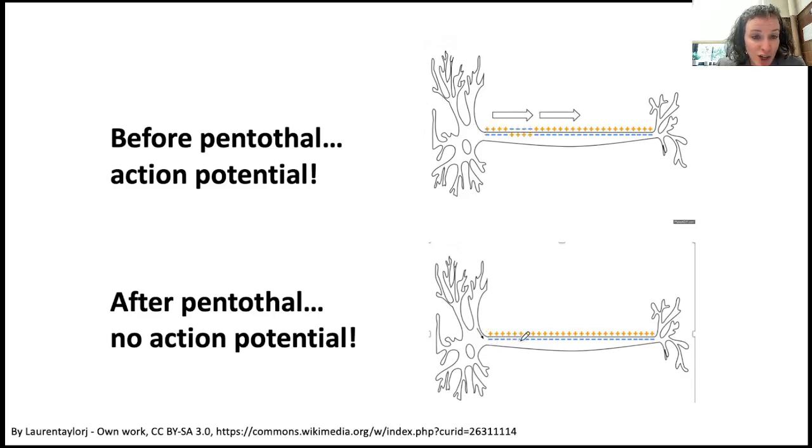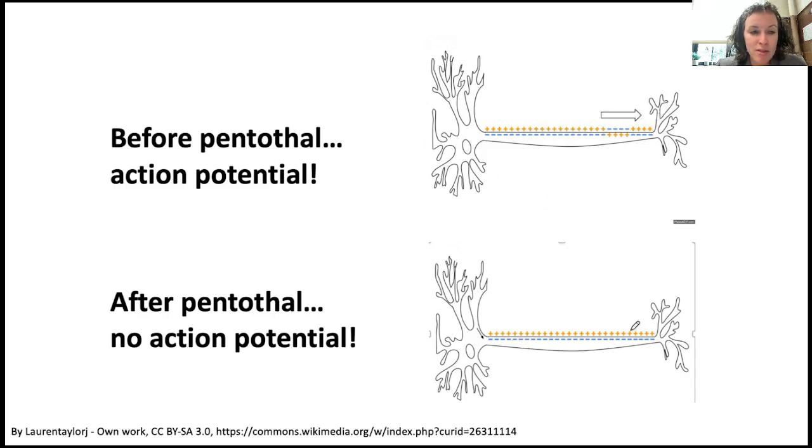So if this negative charge is being sent to the inside, we're not going to have this positive charge traveling down on the action potential. If the negative charge is on the inside, we're not going to have a negative charge traveling along the outside of the neuron in the action potential like we're seeing up here.